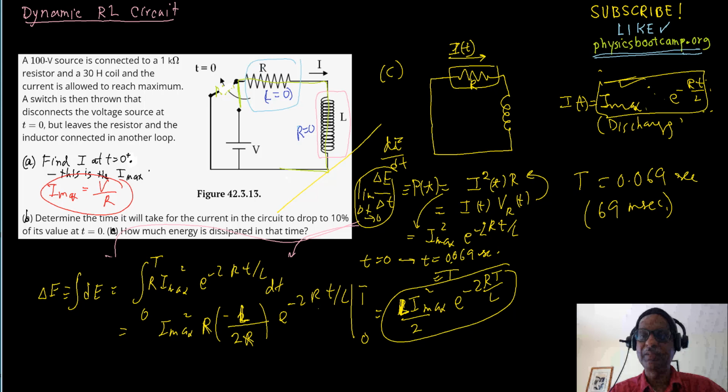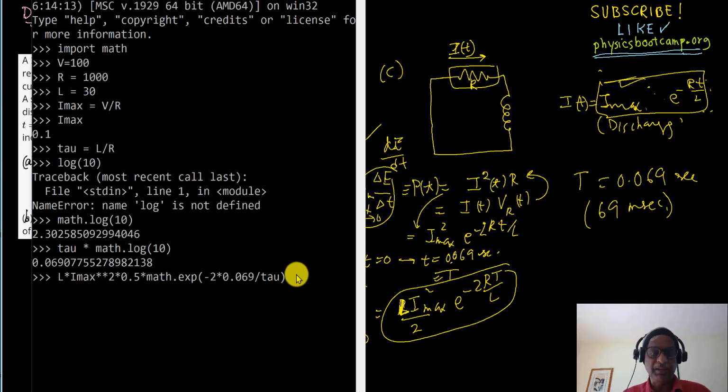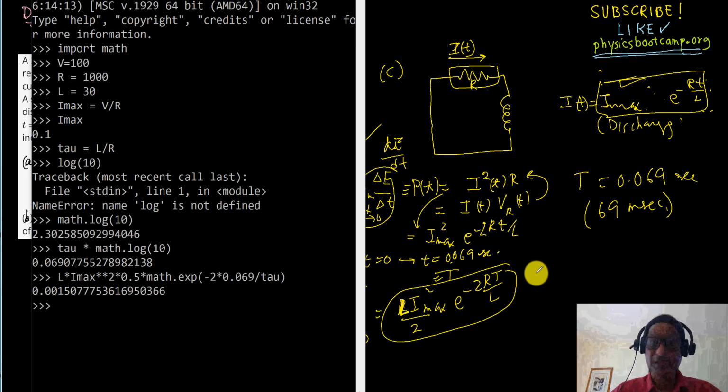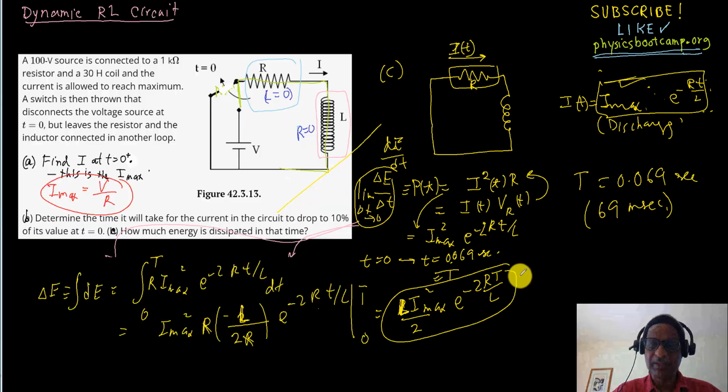Okay, let me do that numerically. I typed this in my little Python script, so I can easily do it. And so this is 0.0015 joules, so 1.5 millijoules.